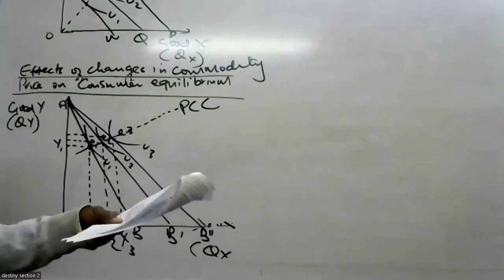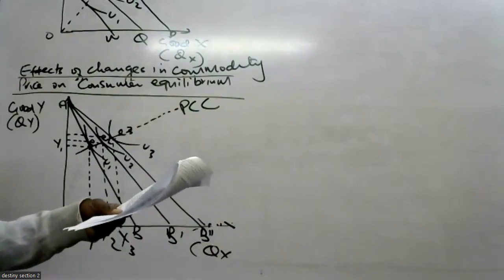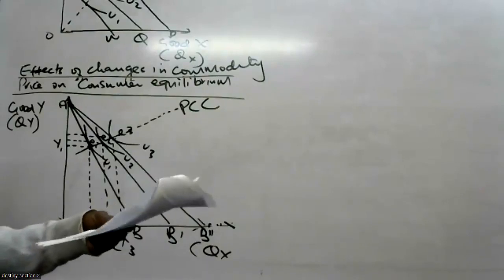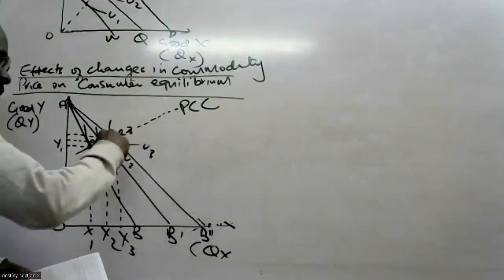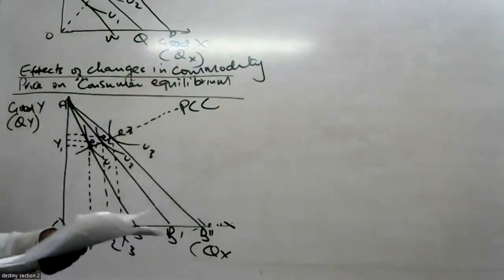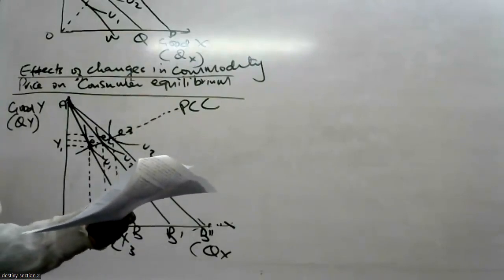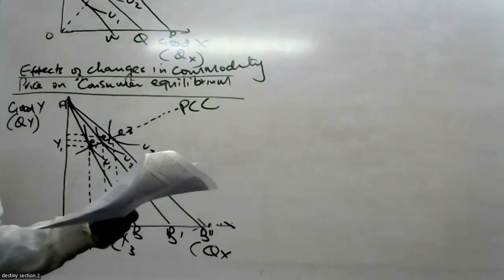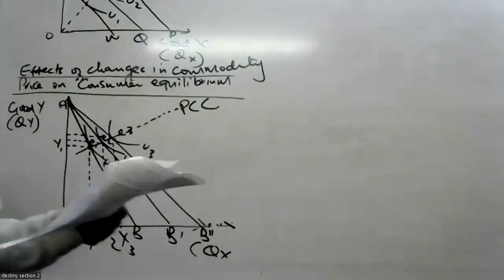If we join the points of tangency of the successive budget lines with higher indifference curves, a price consumption curve, PCC, is formed. You join E1, E2 and E3 to get PCC. It shows what will happen to the consumer's demand for both commodities as the price of one of the commodities, X, falls.